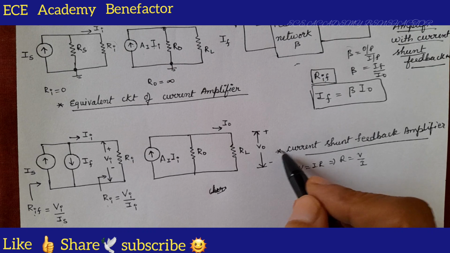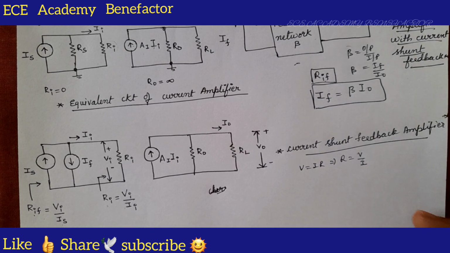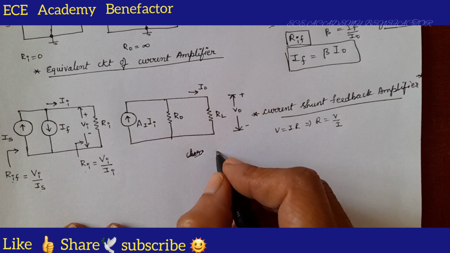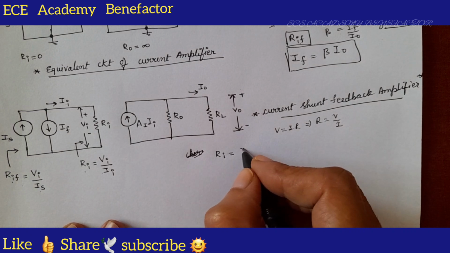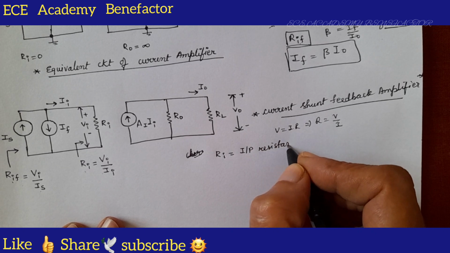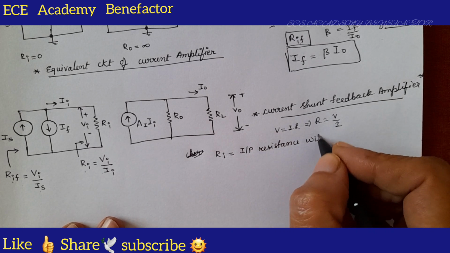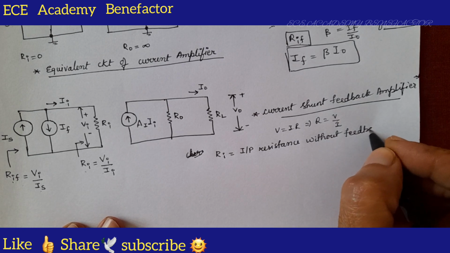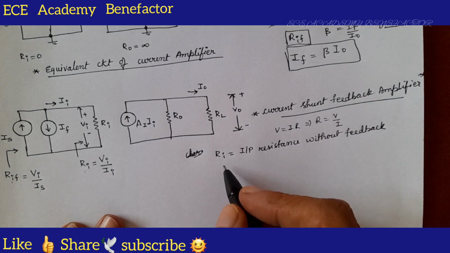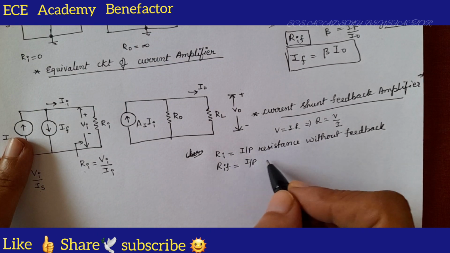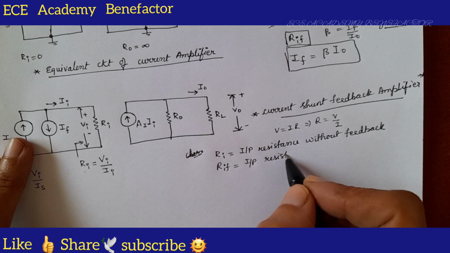So this is the equivalent circuit of a current shunt feedback amplifier. We can write the names: Ri is the input resistance without feedback, and RIF is the input resistance with feedback.